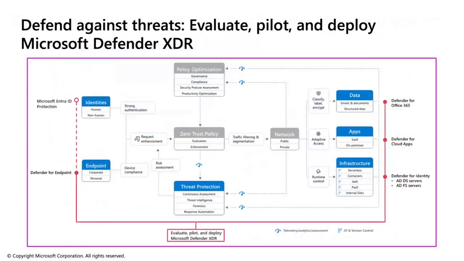The next is, we start moving towards Defender components for identity, for endpoint, and for data. So wherever possible and applicable, we use Defender for Office 365, Defender for Cloud Apps, Defender for Identity, Defender for Endpoint, and Defender for Identity in case there is any requirement for ADFS and ADDS servers. Threat protection in the backend, where we have conditional access, MFA.